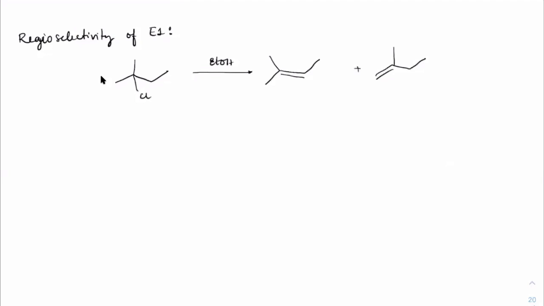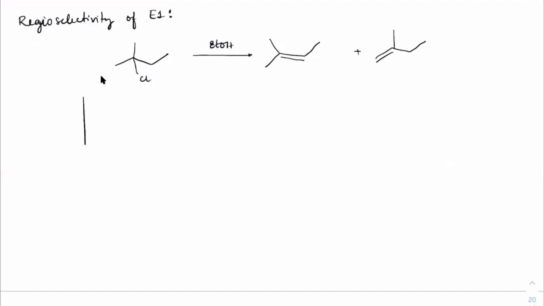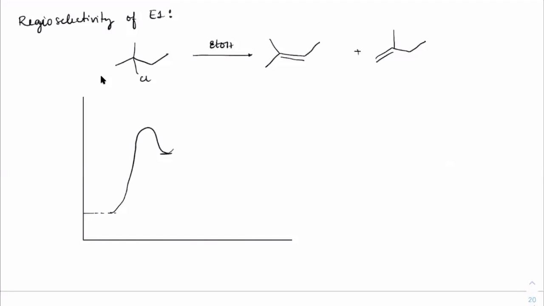But if you see through the mechanism how it goes, from here, let's say it has started as a reactant and it will reach some intermediate, which is a carbocation. From here it might reach this point or this point.